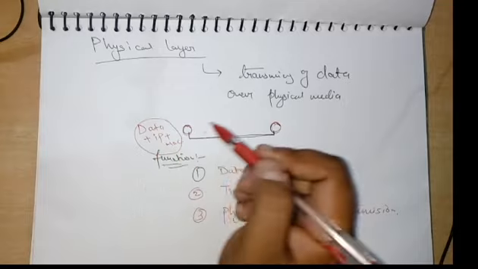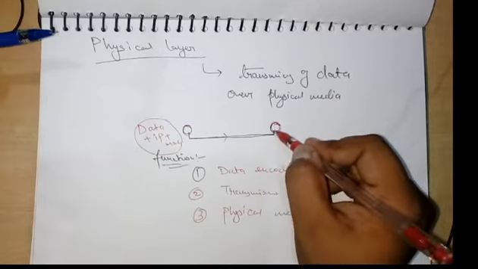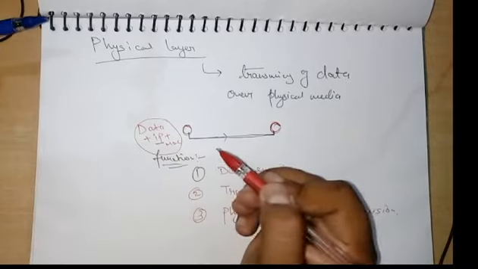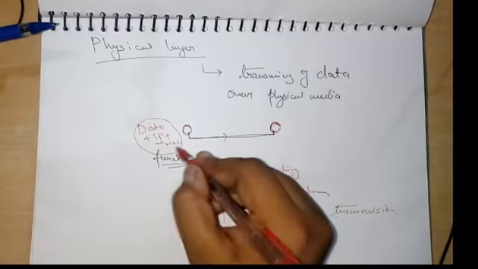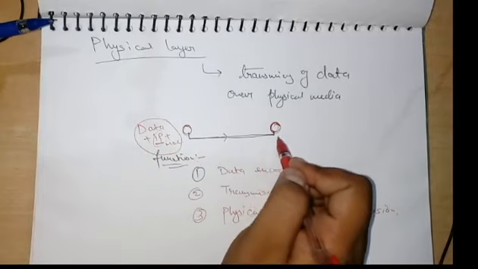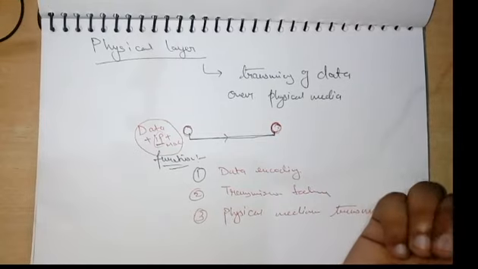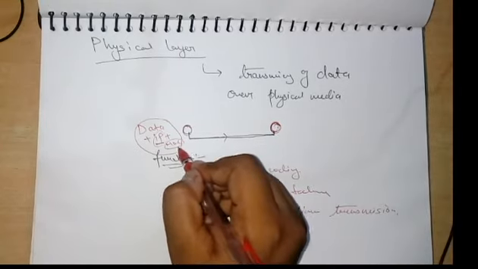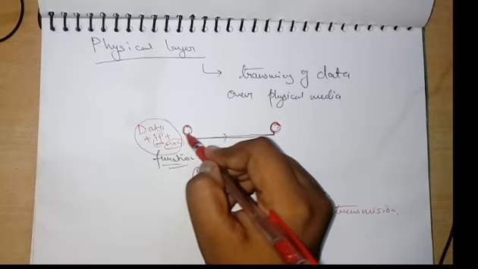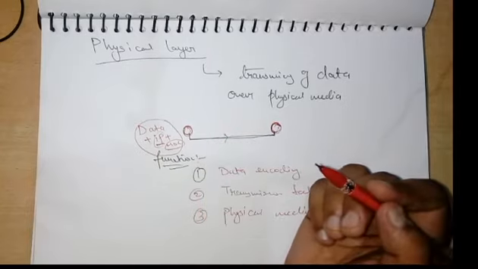The whole thing combined then goes to this system. This system will check the IP address. If this system finds the IP address is mine, then it will accept the data, otherwise not. And MAC address is for this system to know whose system is sending the data.